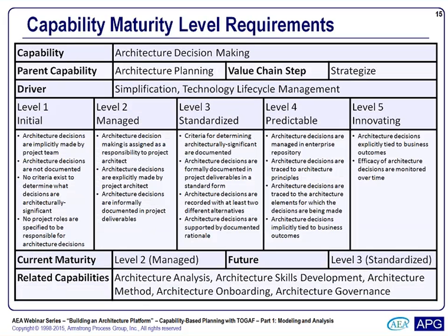And if we're going to be using a capability model as a benchmark for understanding our current level of maturity and performance and provide guidance into that future state performance, we might also supplement the specification with a set of requirements that describe what it means to behave at a certain level of maturity. So here we have a different capability, architecture decision-making, part of the architecture planning capability in the strategize step of the value chain.